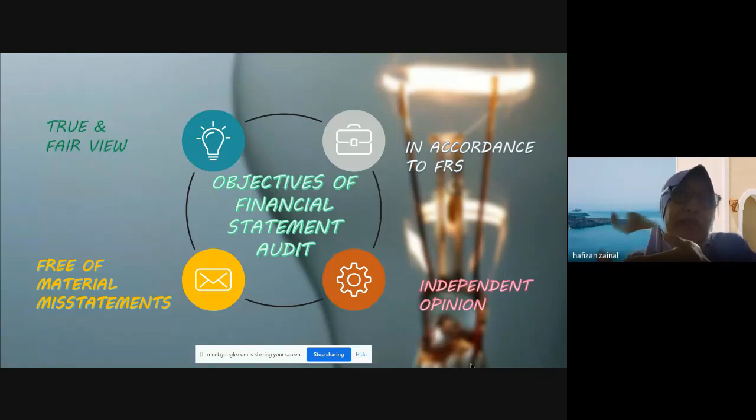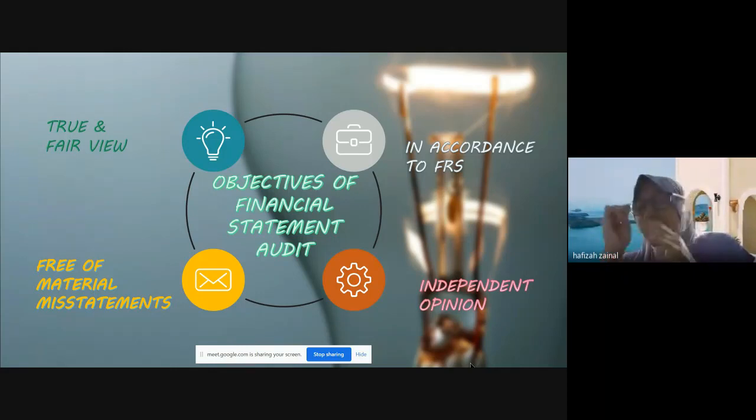Materiality concept, meaning as an auditor, remember just now I was talking about transactions for the whole year and balances as at a particular date. When talking about transactions for the whole year, not all transactions would have a significant impact on the overall financial statement of the company.